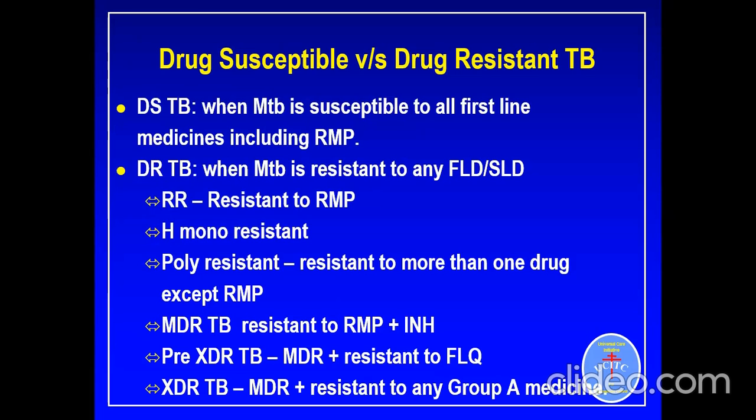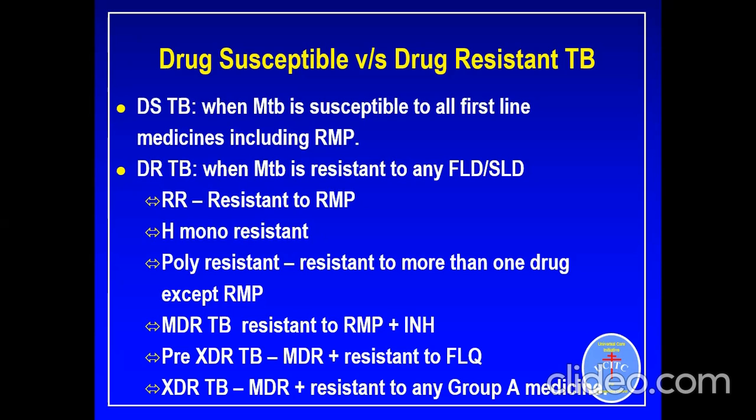RR is resistant to rifampicin. Then there can be H monoresistant tuberculosis. Again, there is a subclassification in this, whether it is katG, inhA, singly or both. Then there is polyresistant tuberculosis, resistant to more than one drug, which is not rifampicin.